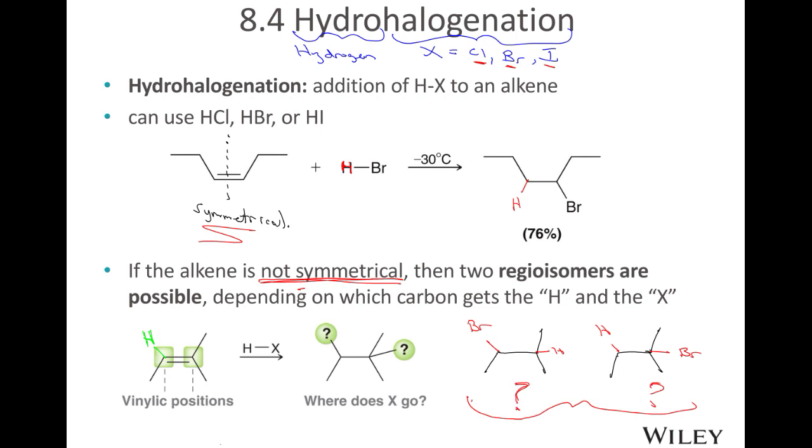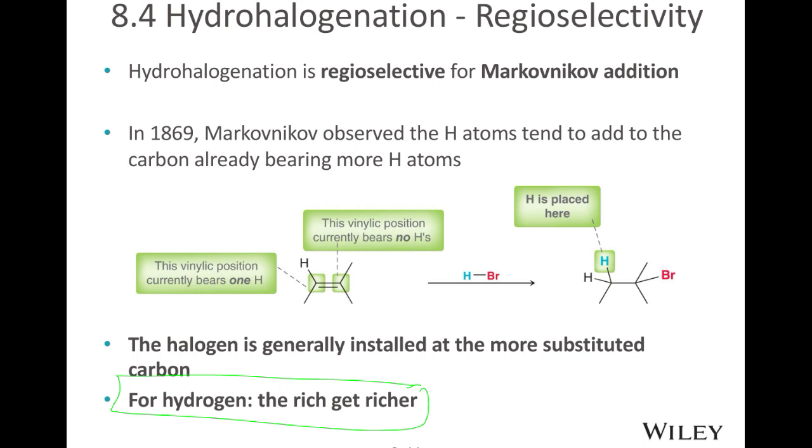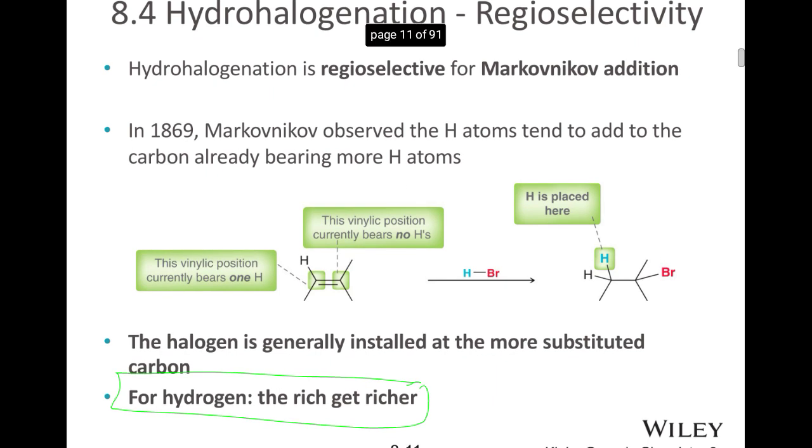Well, we can answer that question, and there's a really good reason behind it too. It was discovered by Markovnikov, and he called this Markovnikov addition. The take-home message from this slide is that for the carbon-carbon double bond, whichever carbon possesses the most hydrogen atoms is the carbon that is going to take the additional hydrogen atom.